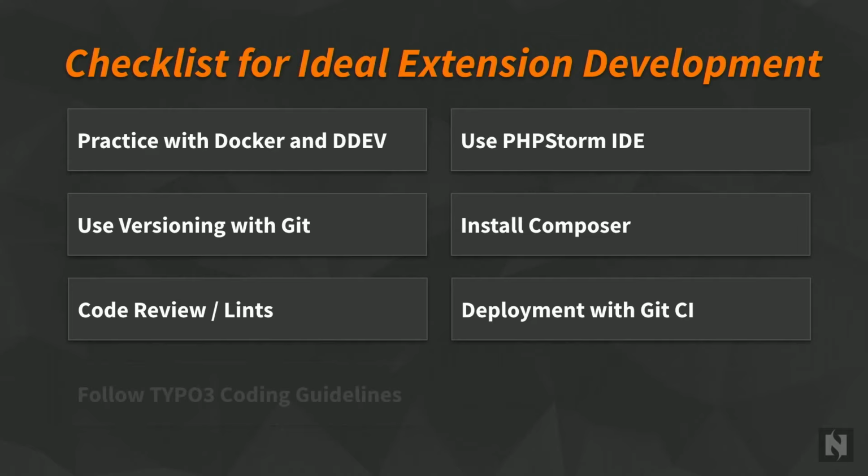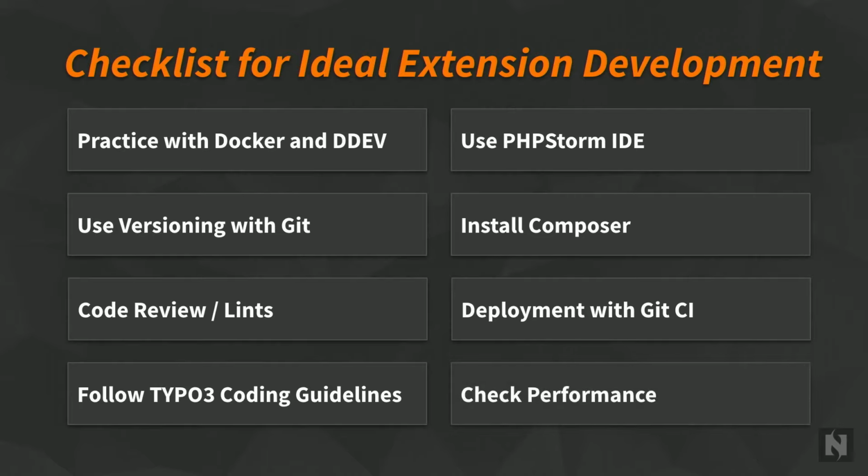Of course, follow the TYPO3 coding guidelines to make sure your future upgrades are secure instead of hesitating with deprecation, right? And last important, always check the performance of your projects and extensions. Make sure it works very well, right?